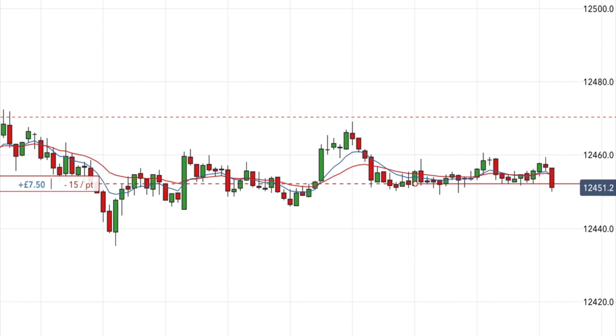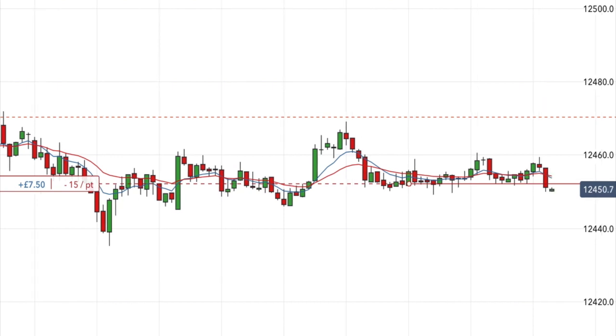I'm already in the green, or in the blue with these IG charts, and so we'll wait and see what happens a little bit. My mental stop now for this particular trade is above these highs here, and if the market does come up to this high here, I'll exit and probably take a very small loss on the overall trade, on the two trades that I've been in.